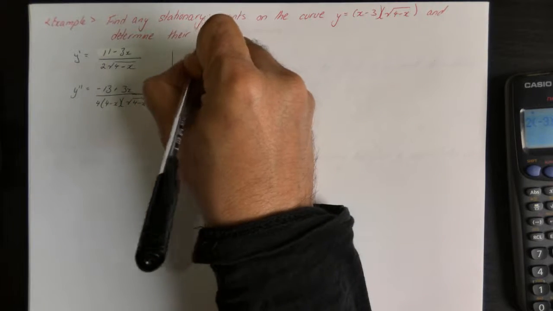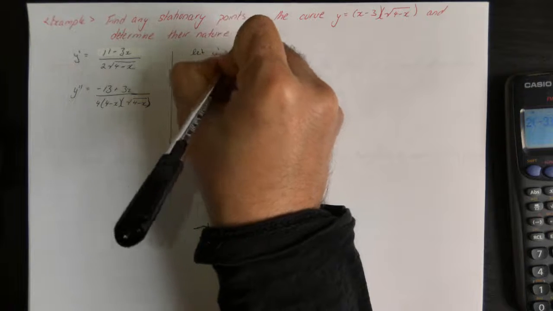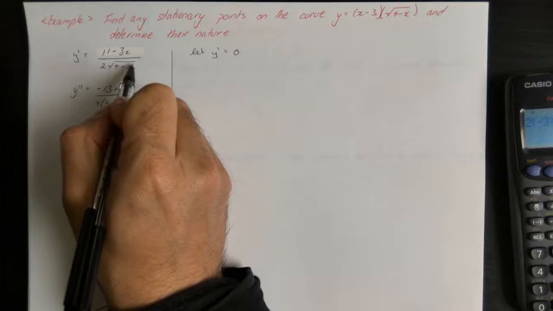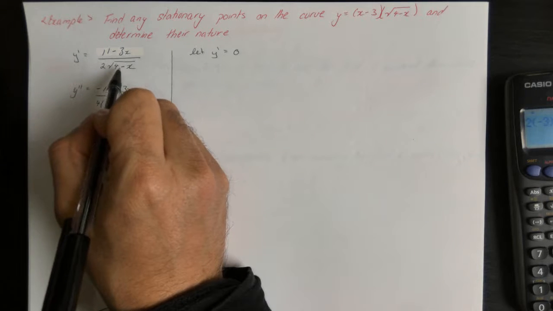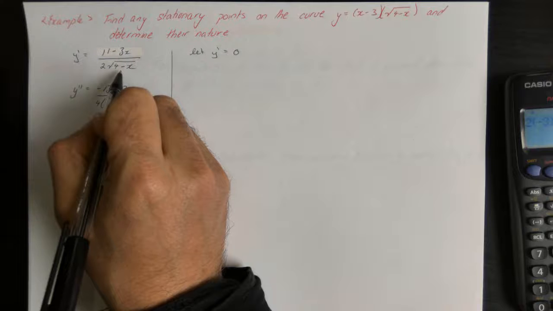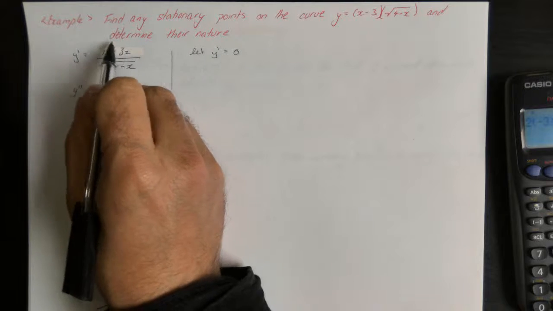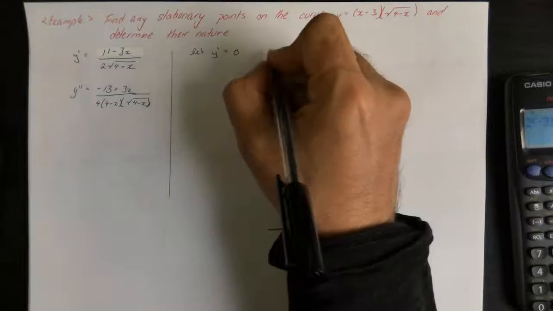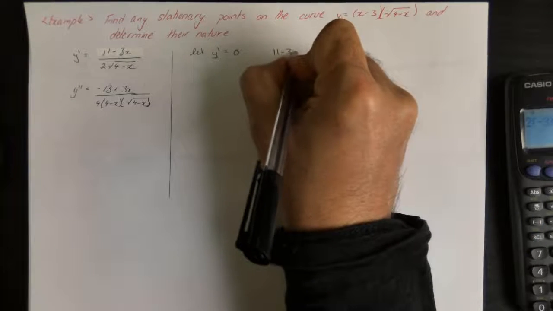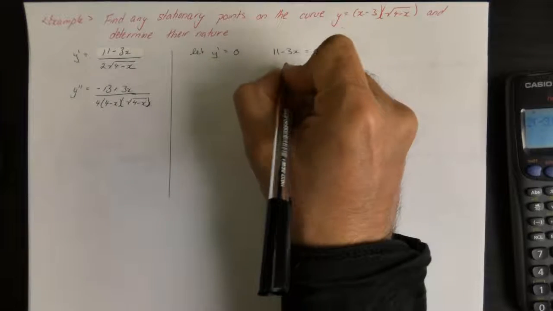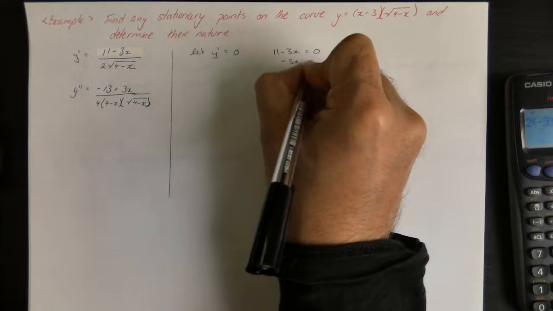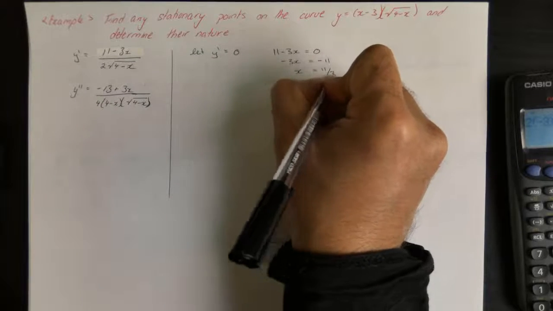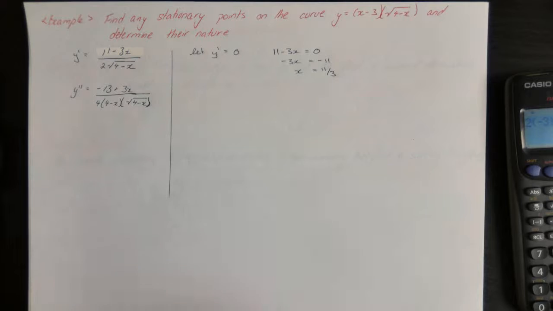So what we want to do is let y' equal to 0. Now, we don't want anything on the denominator to be 0 because then we can't divide by 0. But what we could do is have the top being equal to 0. So 0 divided by something gives us 0. So we really want 11 minus 3x equals 0. So x equals 11 over 3. So that's where a stationary point occurs. Okay.